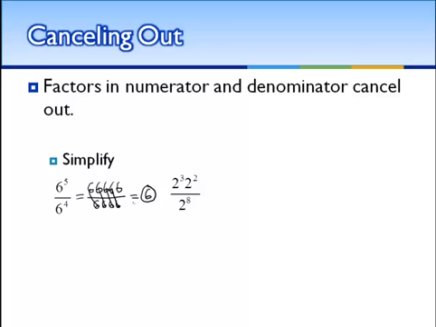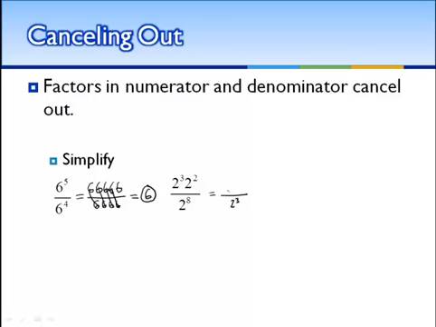Another example. On top, I've got a total of 1, 2, 3, 4, 5 factors of 2. And on the bottom, I've got a total of 8 factors of 2. If you imagine with me, 5 pairs of 2's would cancel out, and there would be left on the bottom 2 times 2 times 2, or 2 to the third power.